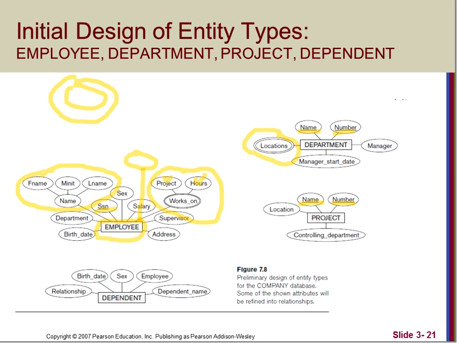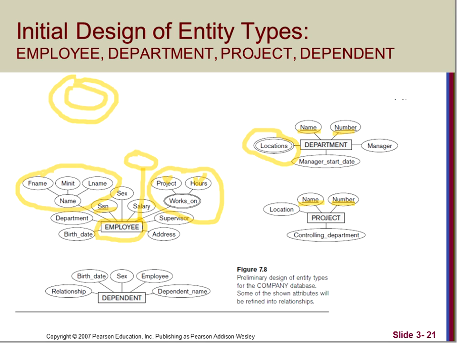What does unique mean? Unique means, in other words, using that information, you can identify the specific entity. For example, the social security number is a unique number for each person, each employee. So at that time, we underline that attribute.